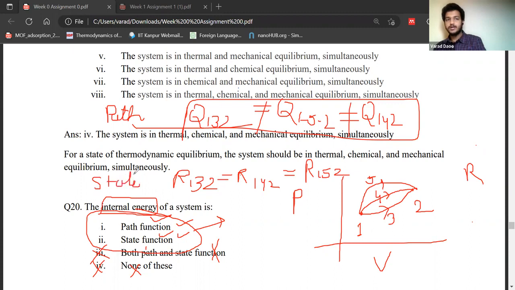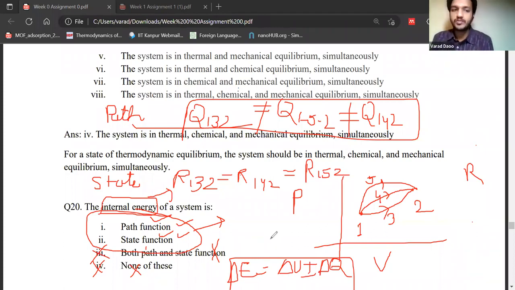Such properties are called state functions. So what is internal energy? With this definition, we can look at internal energy. The first law of thermodynamics says delta U equals delta Q plus or minus work. Would anybody like to answer? I'll give you 30 seconds to 1 minute.